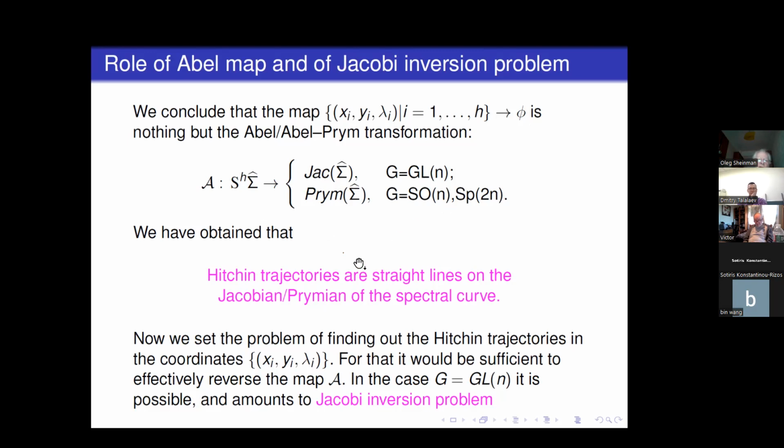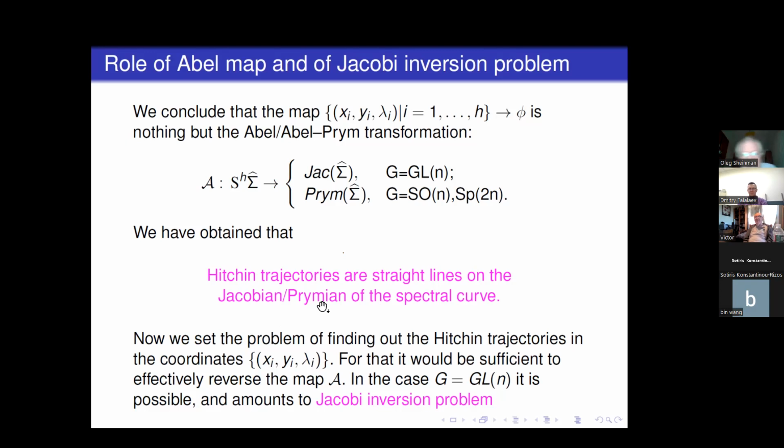And we have obtained in this easy way, by the method of separation of variables, that Hitchin trajectories are straight lines on the Jacobian or Prym of the spectral curve.